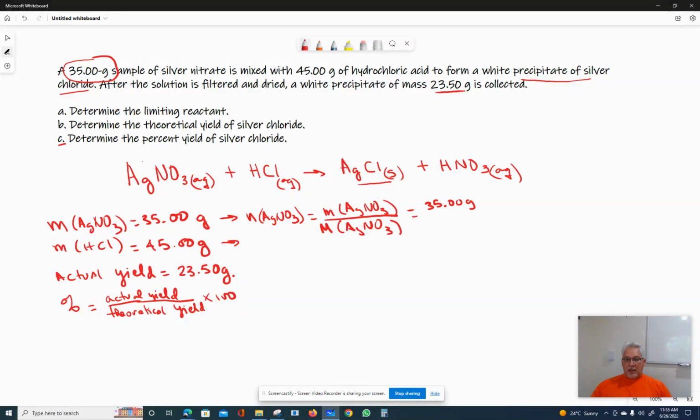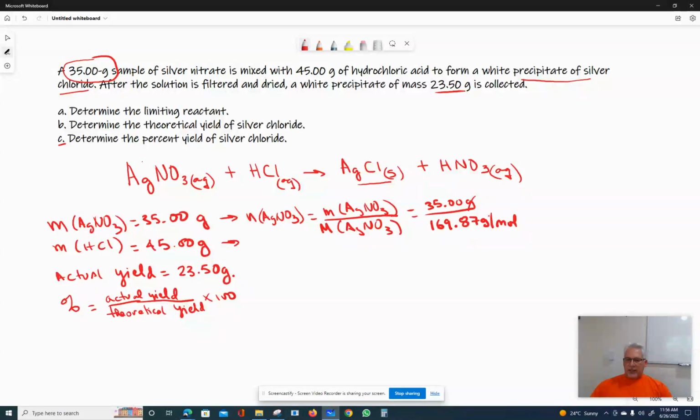And the molar mass, I'm going to quickly find that, but if you don't know, I can show you how to find the molar mass. Let me go to my periodic table quickly. The molar mass of silver nitrate is equal to 169.87 gram per mole.